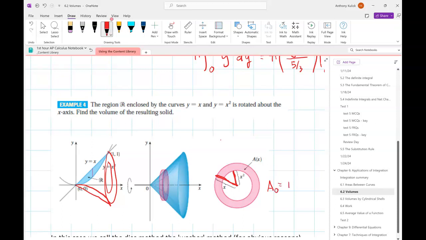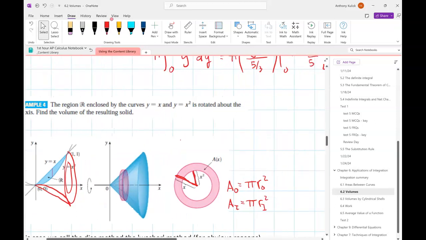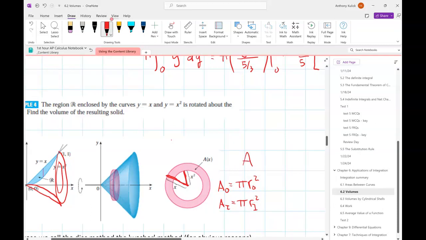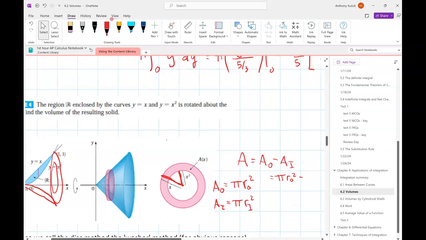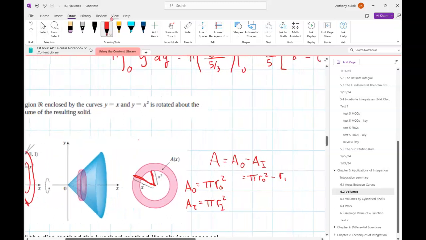So the area for the outer is pi r(O) squared, and the area for the inner would be pi r(I) squared. And my cross-sectional area then is going to be AO minus AI, which is pi r(O) squared minus pi r(I) squared.